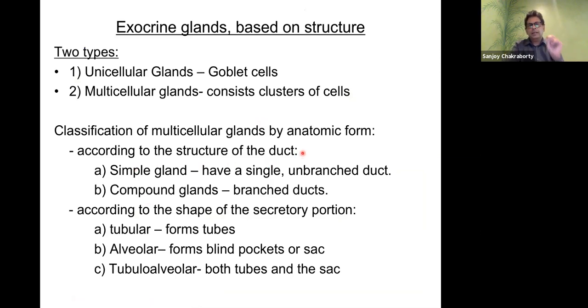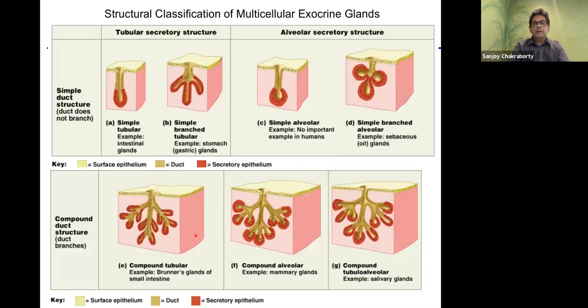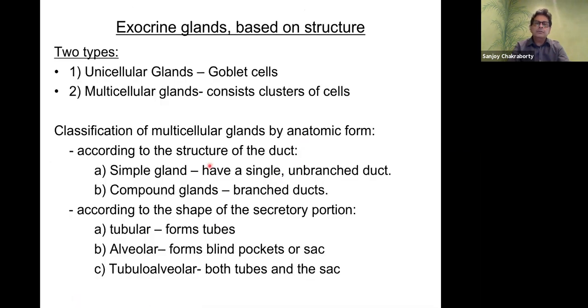Now if you study that way, based on the structure of the duct, we have two types of multicellular glands. One is the simple gland, meaning the duct did not branch, and one is the compound gland, where the duct did get branched. Right here, that's a simple duct and that's a branched duct. But in this case, they put both together, which is why that particular picture gets confusing.